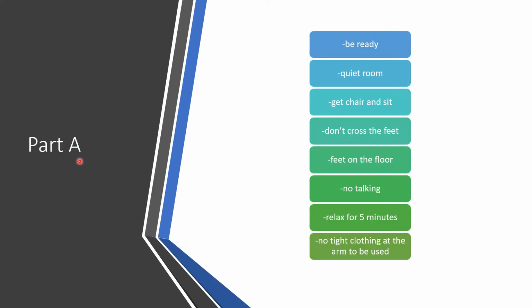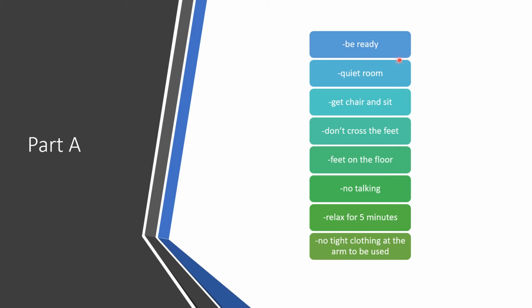Okay, part A. When you want to measure the BP and want to measure it accurately, the person that will measure the BP and the person whose BP will be measured must be ready for that. So it's not that one will be in a hurry, like some patient will come to the clinic and say, oh, I'm in a hurry, I need to catch a flight, so please do this quickly.